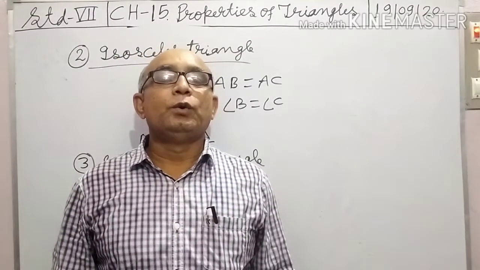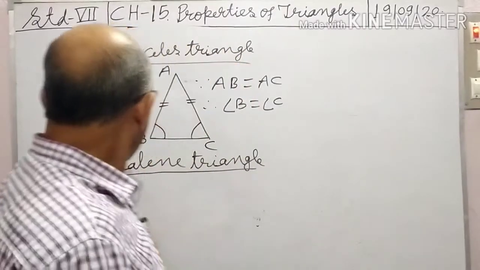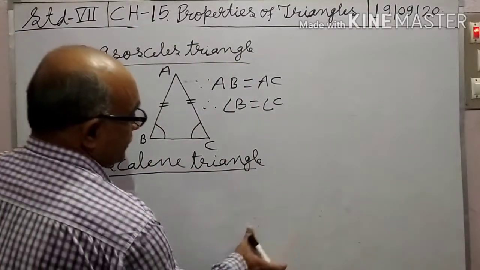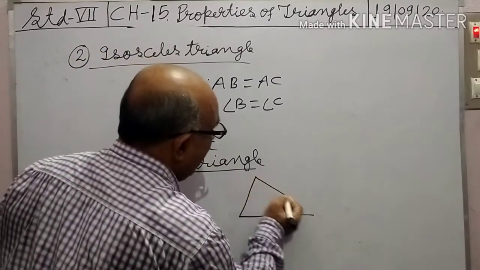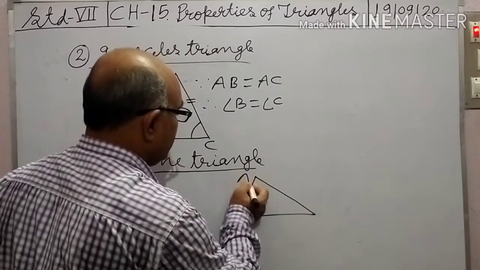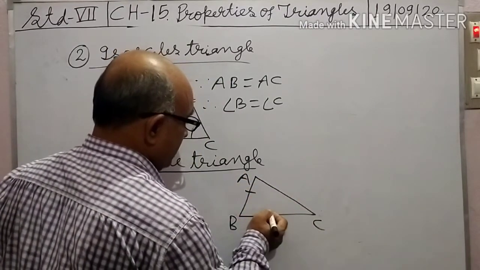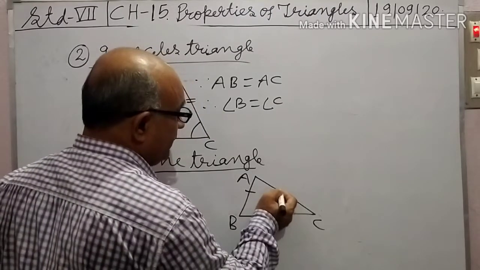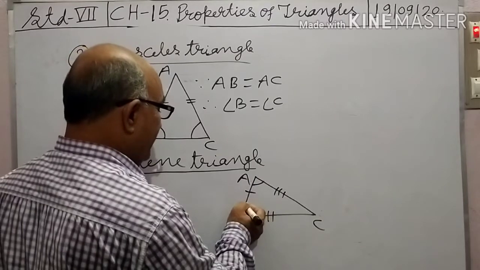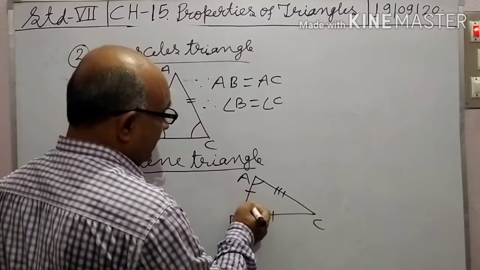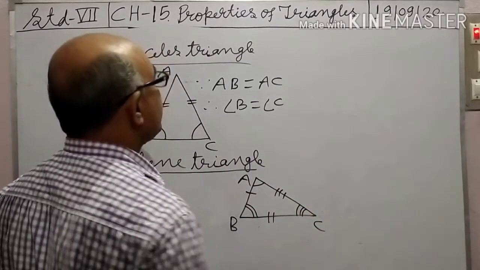A triangle whose any two sides are not equal is called a scalene triangle. So in a scalene triangle, all sides have different lengths. ABC: AB not equal to BC, not equal to AC. No two angles are equal. Angle A not equal to angle B, not equal to angle C.